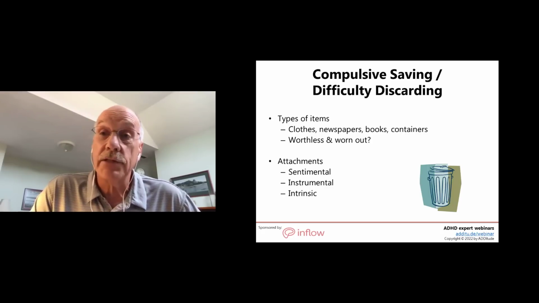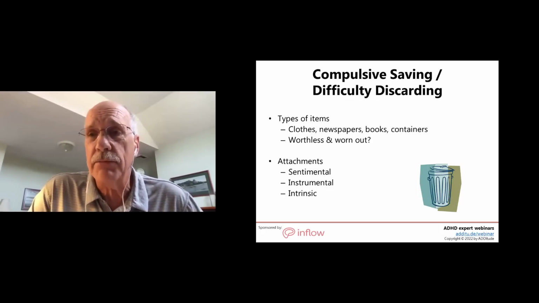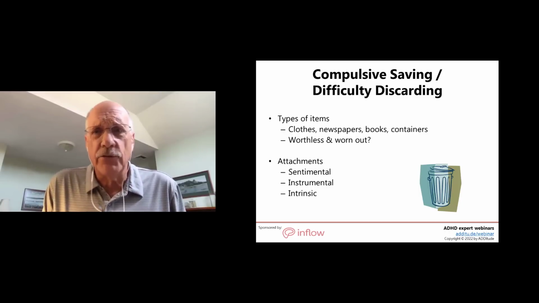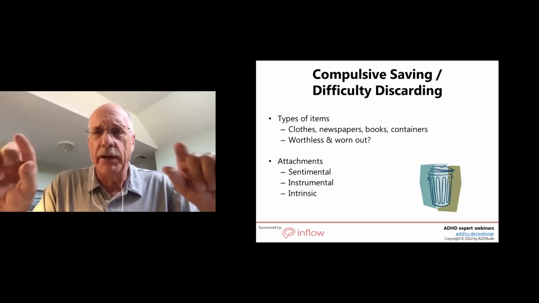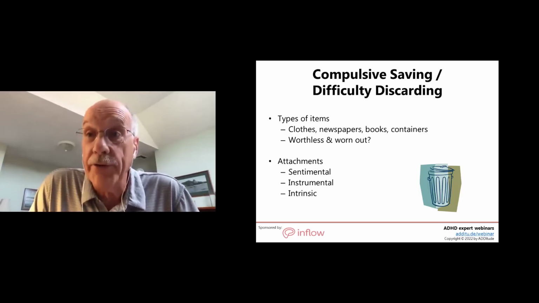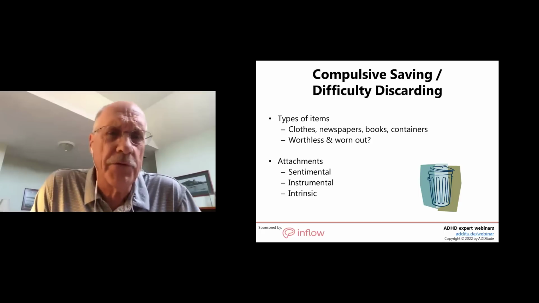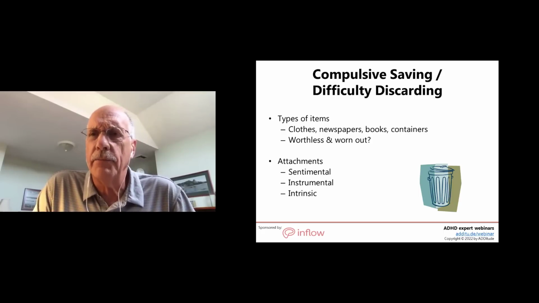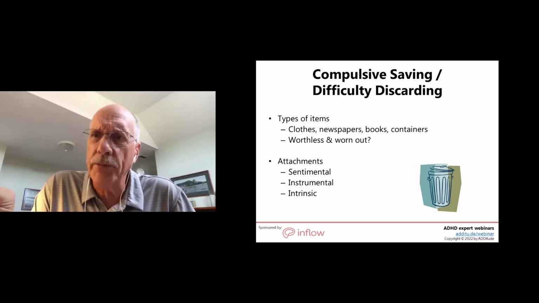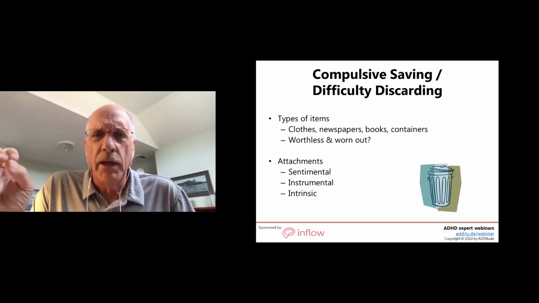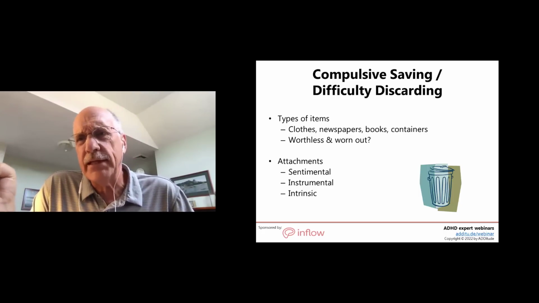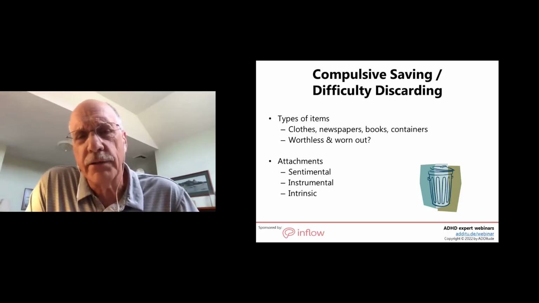Instrumental attachments: I didn't show you the other side of her kitchen, but the space between the refrigerator and the woodwork around it was stuffed full of the cardboard tubes from toilet paper rolls. And what she said was these would make great art projects.